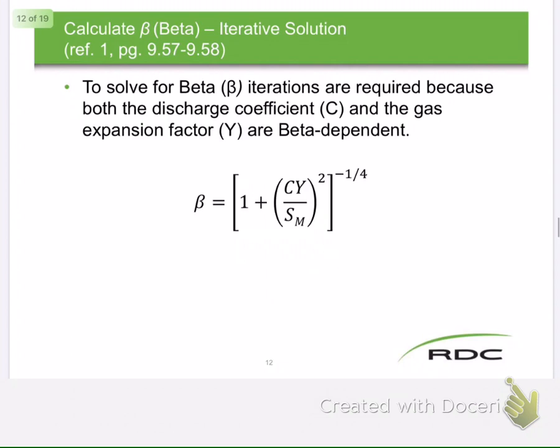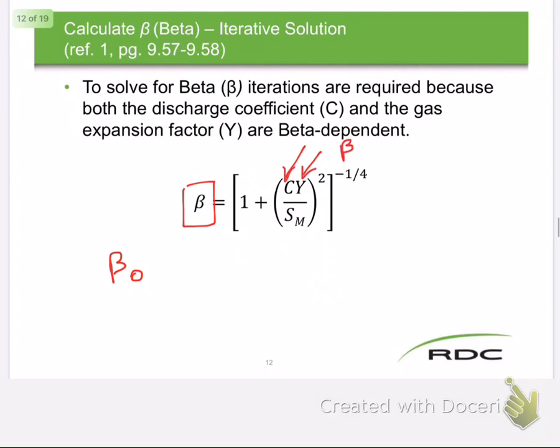So what this is saying now is to solve for the actual true beta value here, because before we were just talking about beta naught, our first attempt. We need to do iterations, because this value here and this value here depend on the beta value.